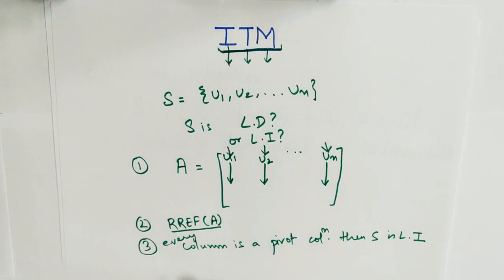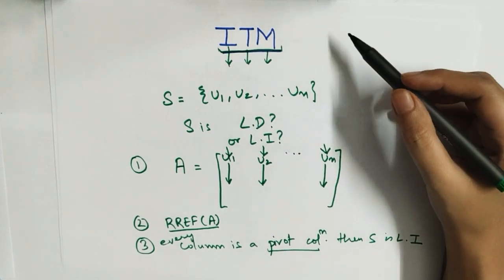If every column is not a pivot column, then S will be linearly dependent. Now I'll just quickly recapitulate what a pivot column is. A pivot column is basically a column that contains a pivot, and a pivot is the first non-zero entry of any row.